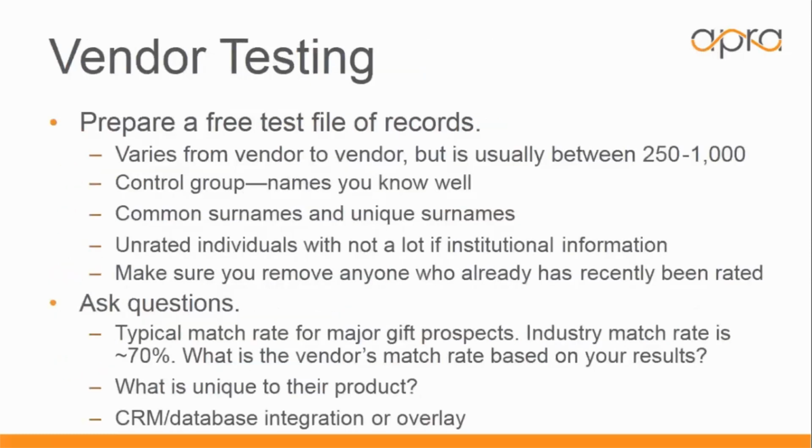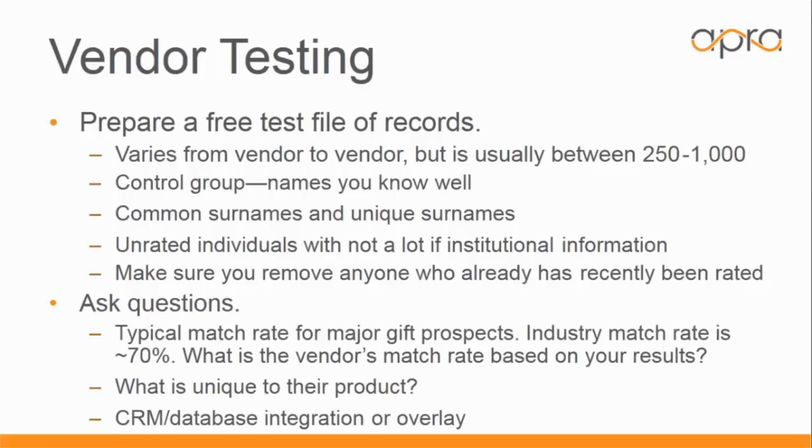Let's talk a little bit about vendor testing. You would want to prepare a free test file of records. Now, this varies from vendor to vendor, but a free test file is usually between 250 and 1,000 records. You'll want to include a control group. These are names that you know well.